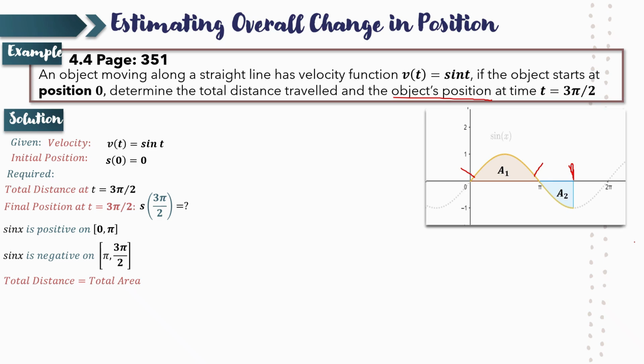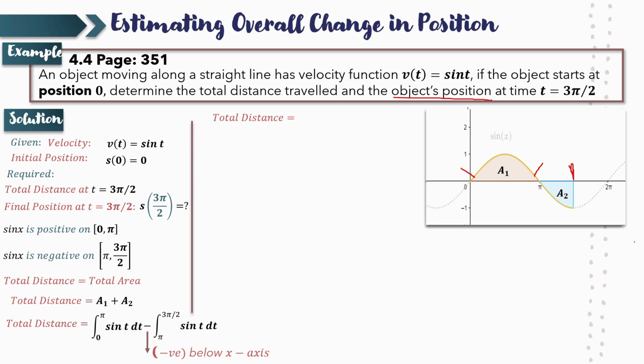Total area means the sum of the absolute value of A1 and A2. So A1 is 0 to pi and A2 is negative. So when you consider the total distance, you will get 2 minus of minus 1, which is 3 units.